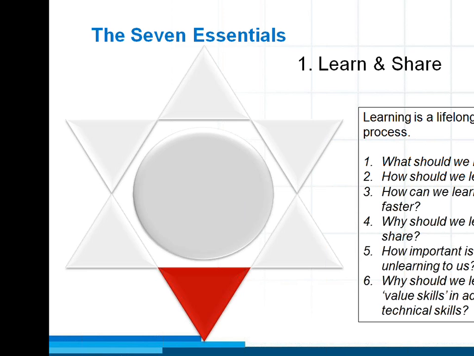Value skills are all about coordination, customer relations, commitment to management, team management, lifelong learning, and business skills. So when you combine technical skills and value skills together, you become a true professional and you become capable of delivering value to customers. So the first of these 7 essentials is learn and share.